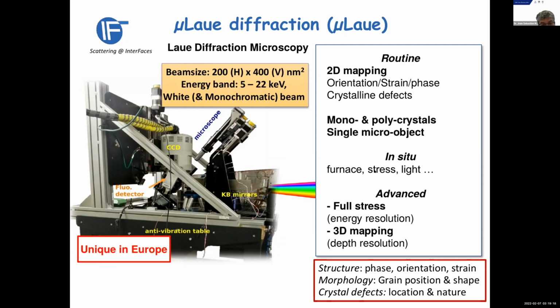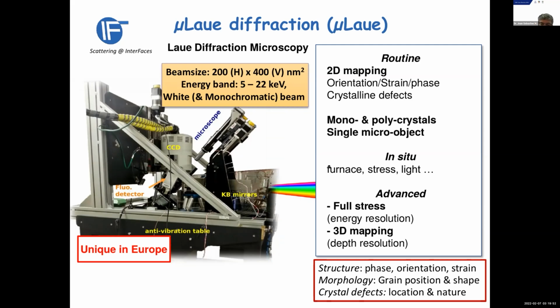You can also apply a mechanical load, as many users now use mechanical test machines, and then you can follow the evolution of the structures of your material. And this is more advanced compared to the standard Laue diffraction that we can perform with the beamline, and you can also perform the full stress determination in your sample.